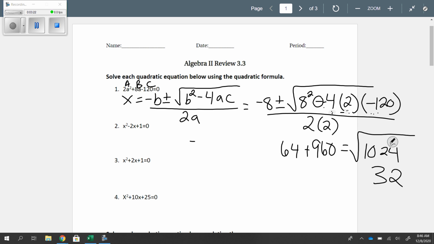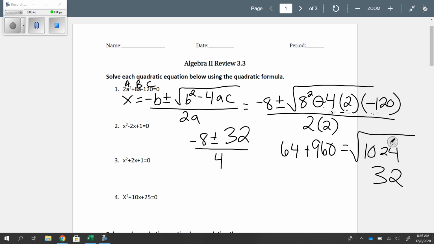So now we have negative 8 plus or minus 32 over 2 times 2 is 4. Now this is easy. Remember, plus or minus means you're going to do two things. The first one, you're going to do negative 8 plus 32 divided by 4. And then the second one, you're going to do negative 8 minus 32 divided by 4 to get our two answers. Okay?